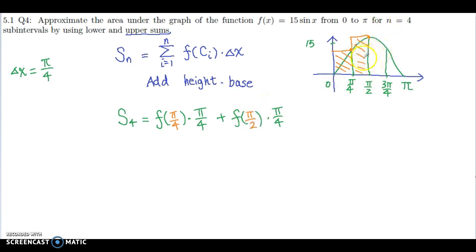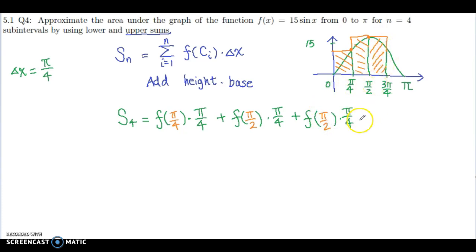The third rectangle, so we add the area of the third rectangle. From pi over 2 to 3 pi over 4, what is the highest point? It's decreasing, so the highest point is right here. So it's pi over 2.